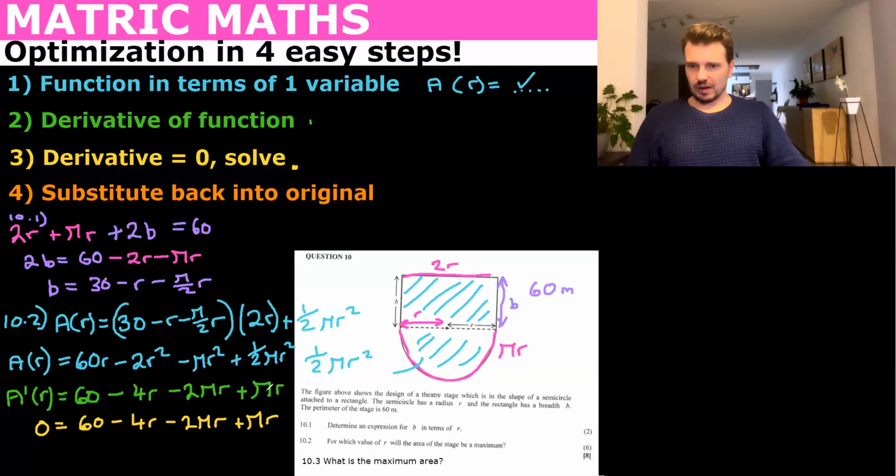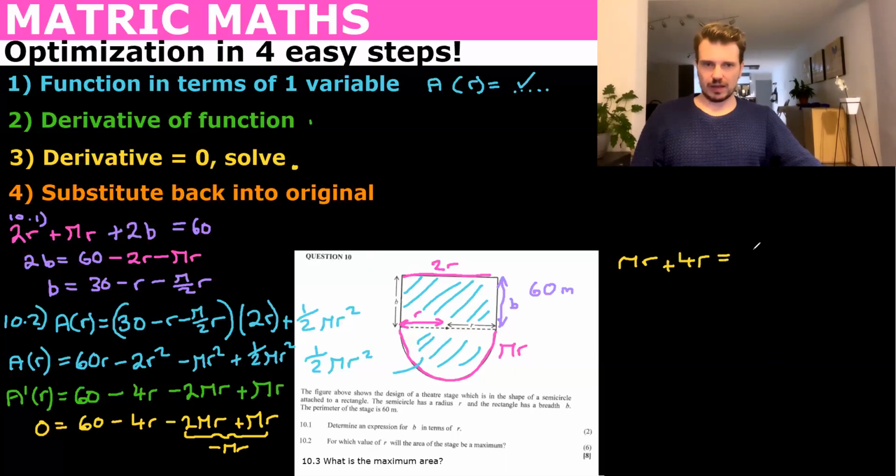Minus 2 pi r plus pi r is just minus pi r. Let's get all the r's on one side. We'll take all the r's to the left-hand side: plus pi r, and when we take the minus 4r across, it becomes plus 4r. And that is equal to 60.